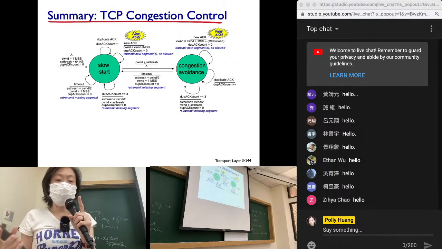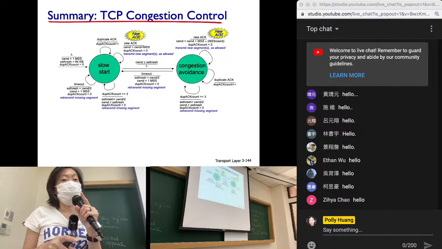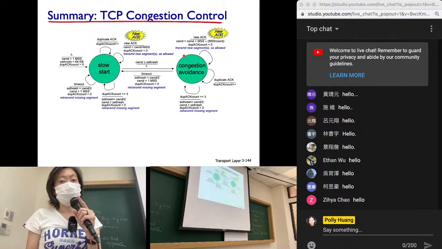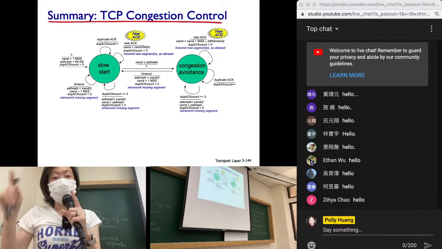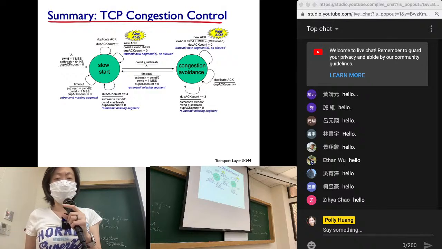But the amount of increment is a little bit different depending on whether we are in the slow start state or the congestion avoidance state. What are the differences? Over here, upon each ACK, we increment the window size by 1 MSS. But here, it's actually 1 over the whole window size, MSS. So to be exact is MSS multiplied by MSS divided by CWND.